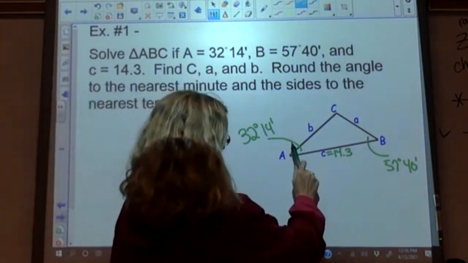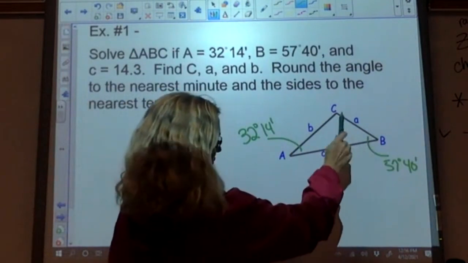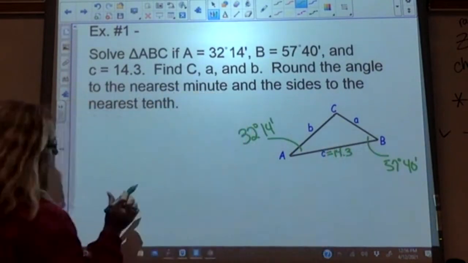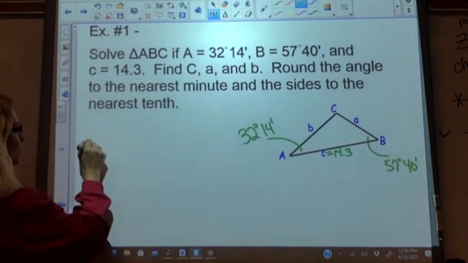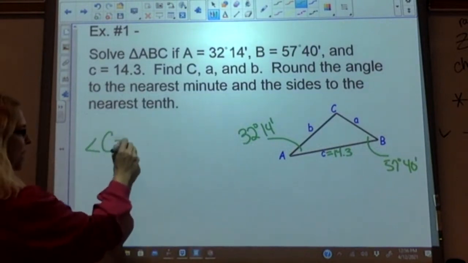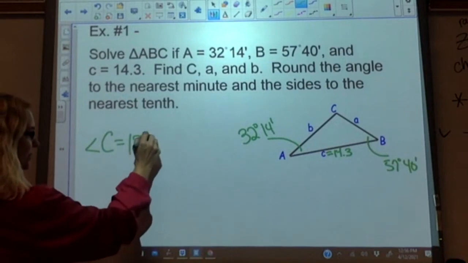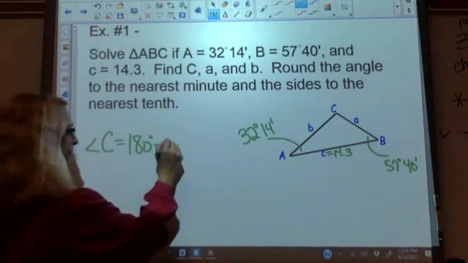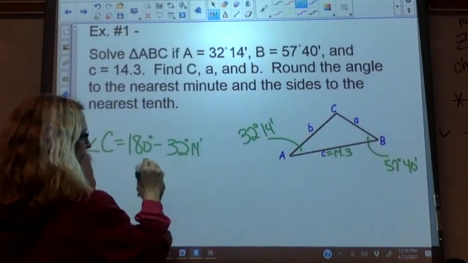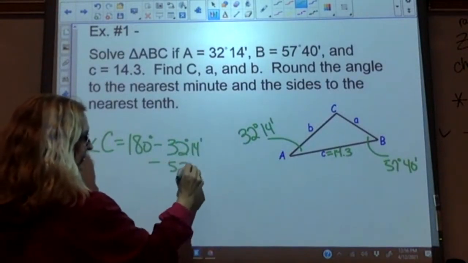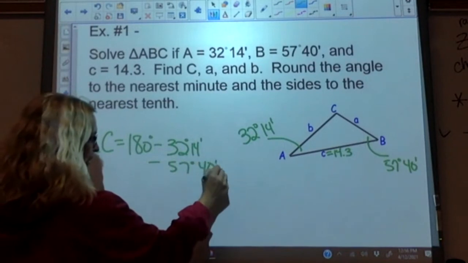It's very easy to find the missing angle since we have two angle measures, because all the interior angles of a triangle add to 180. To find angle C, we do 180 degrees minus 32 degrees, 14 minutes, minus 57 degrees, 40 minutes.